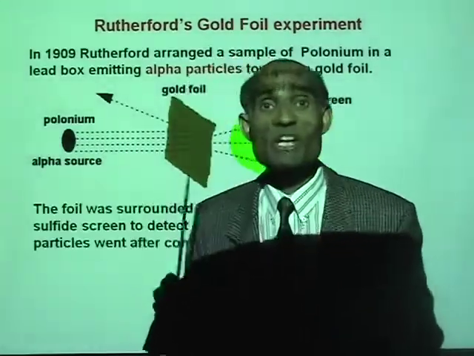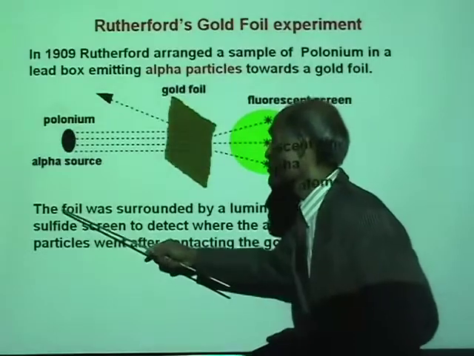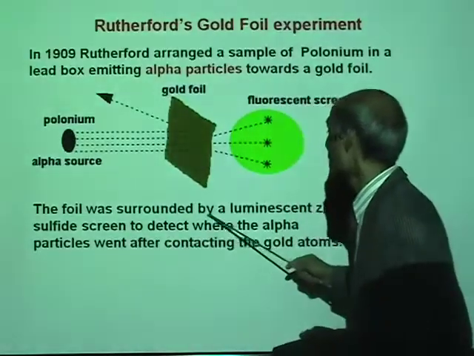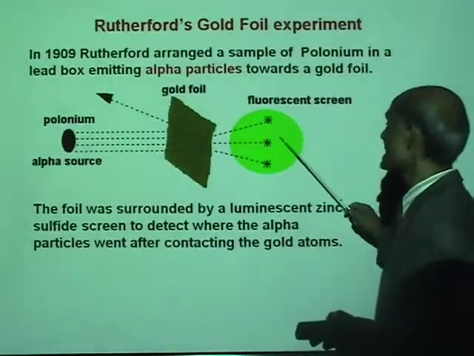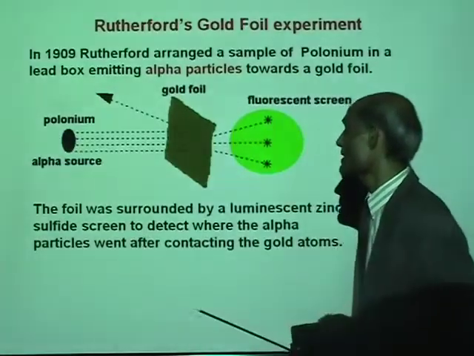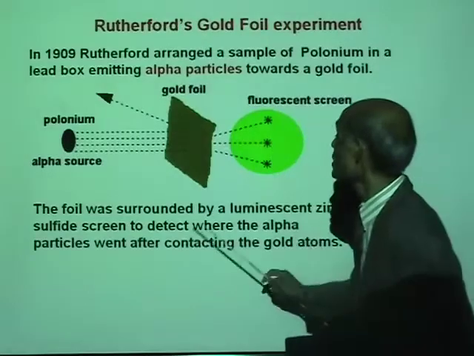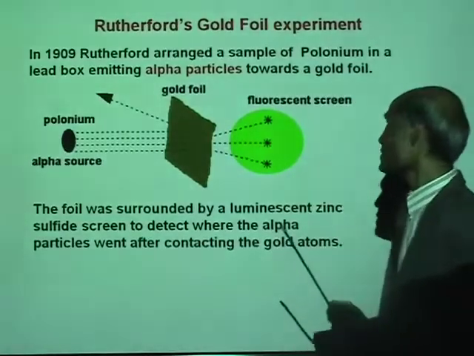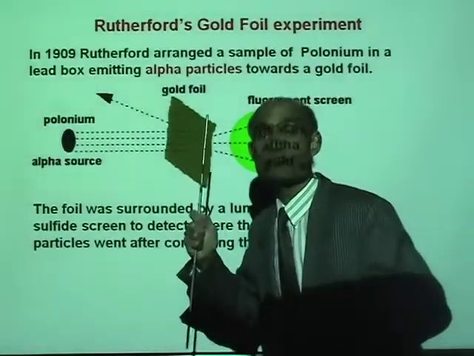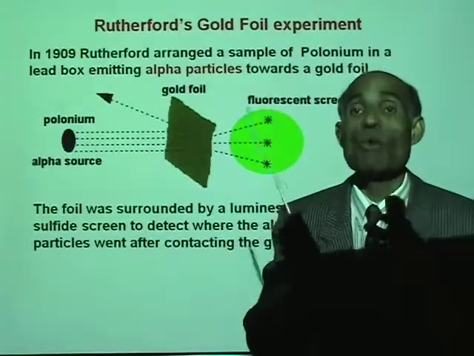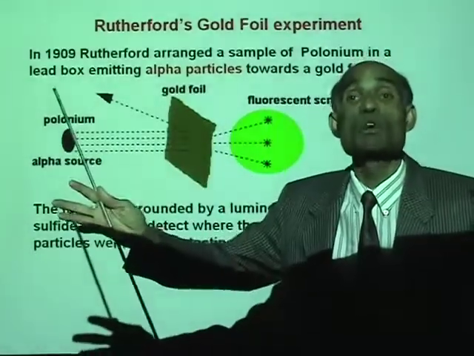And now, what did he actually observe? So the foil was surrounded by a luminescent zinc sulfide screen to detect where the alpha particles emerged after contacting the gold atoms. After hitting the gold atoms, where did these alpha particles go?